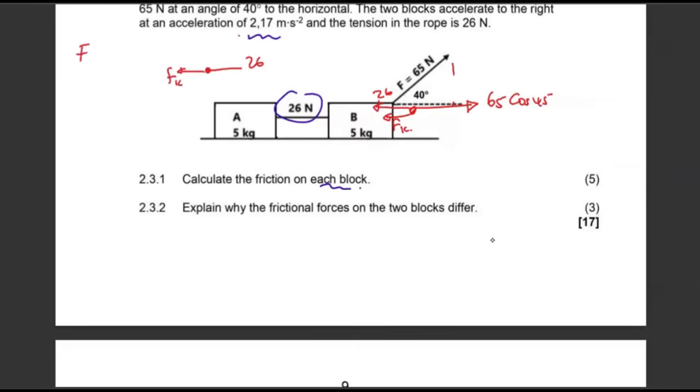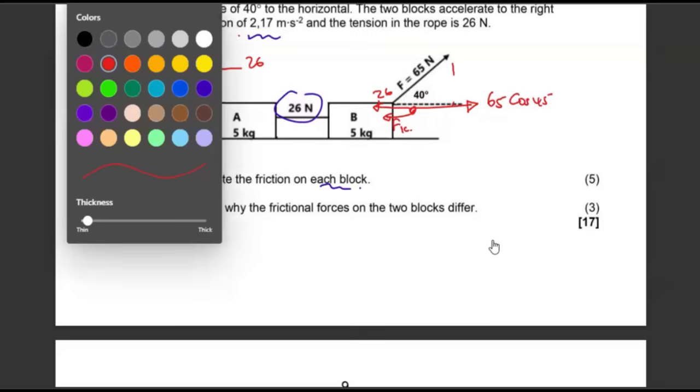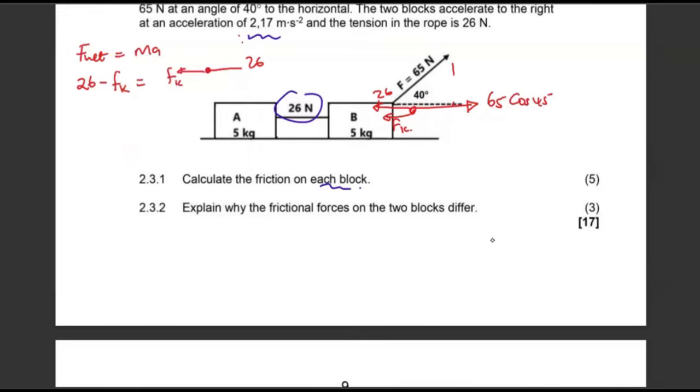Okay, so come down and use the F net. We're saying F net is equal to MA, meaning that if we have, let's say, 26 minus our FK, we should be able to get the mass and then the acceleration. Mass is a 5, the acceleration is a 2.17. So I do the substitution there.